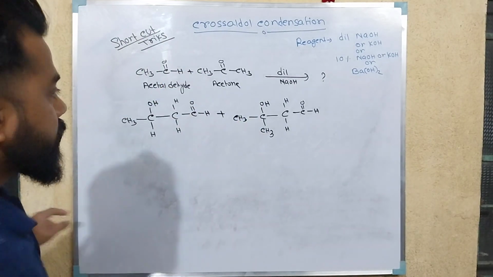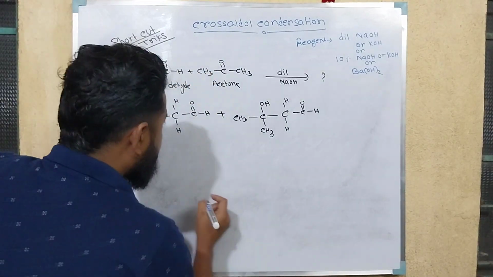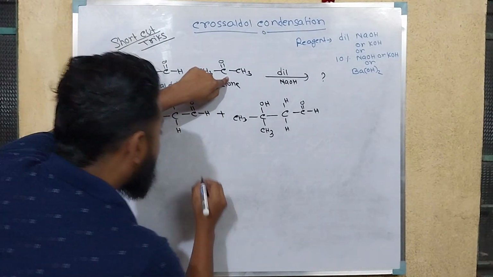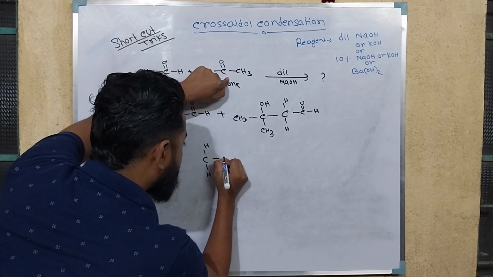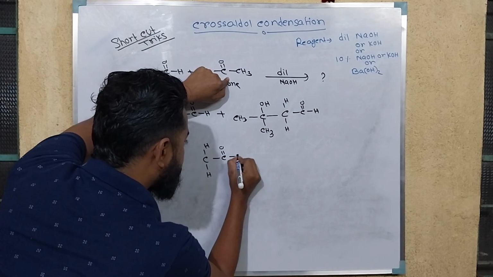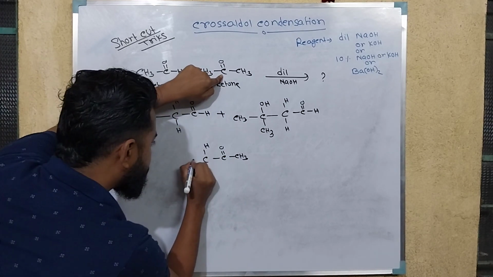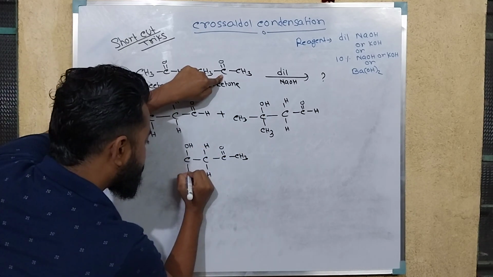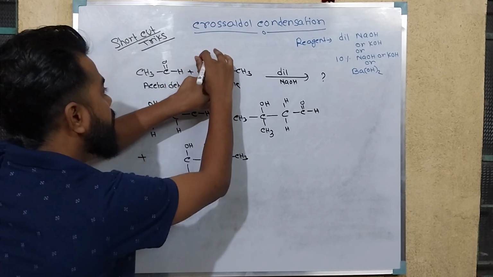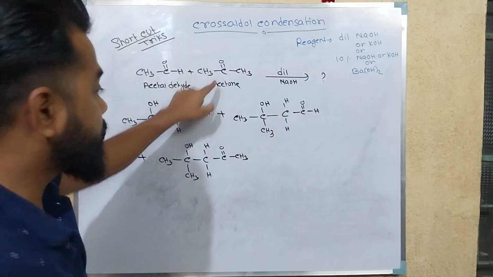Then this ketone reacts with, so we write one alpha hydrogen less this ketone. This carbon is attached with this carbon. This is OH, one CH3, other CH3. This is the third product.